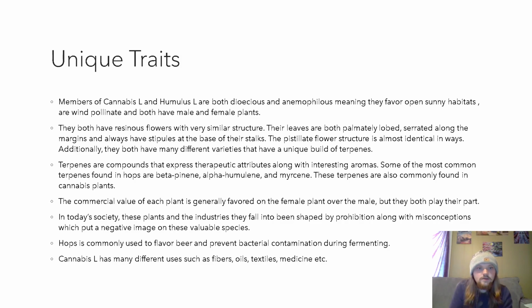Either way, hops is commonly used to flavor beer and prevent bacterial contamination during fermenting, and Cannabis L. has many different uses such as fibers, oils, textiles, medicines, etc. The list goes on and on.